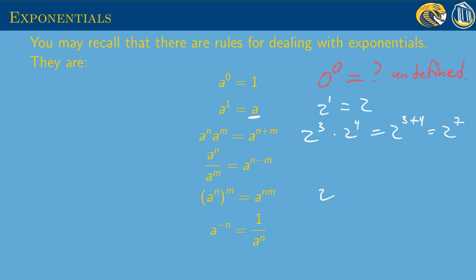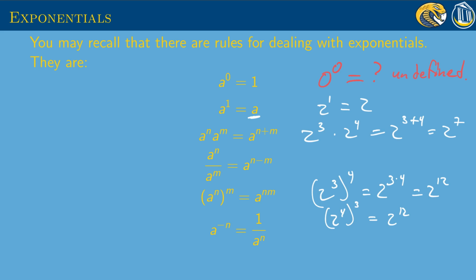For example, 2 to the 3 to the power of 4 is just 2 to the 3 times 4, or 2 to the 12. That's 4,096. That also means that 2 to the 4 to the power of 3 is the same thing.